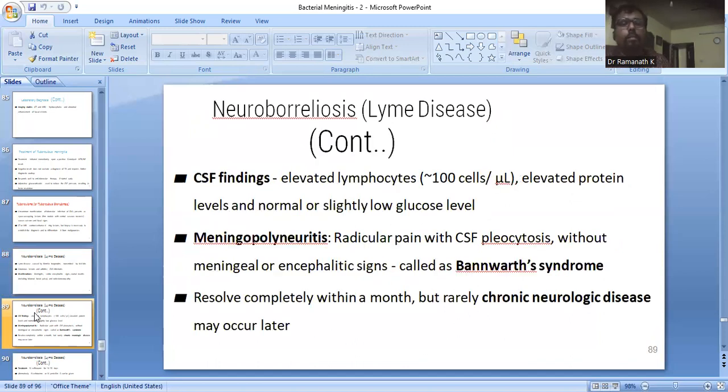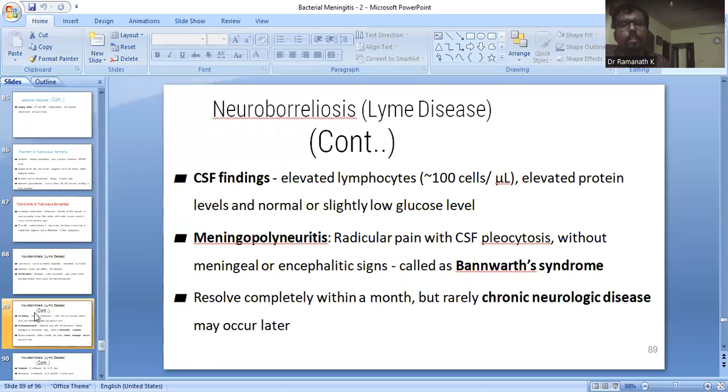In the case of neuroborreliosis, CSF findings again show elevated lymphocytes, elevated protein levels, and normal or slightly low glucose level. Meningopolyneuritis, which can be seen in neuroborreliosis, with radicular pain and CSF leukocytosis without meningeal or encephalitic signs, is called Bannwarth syndrome, a special feature of neuroborreliosis.